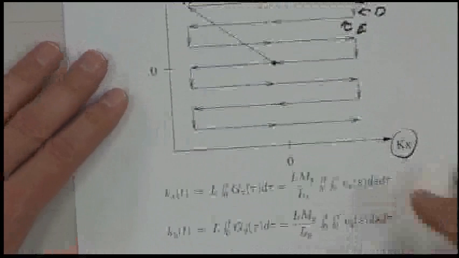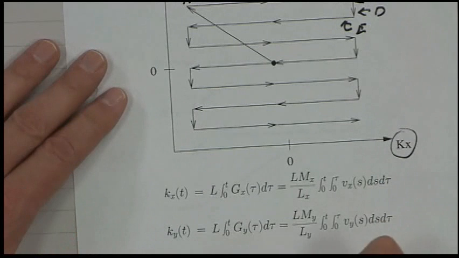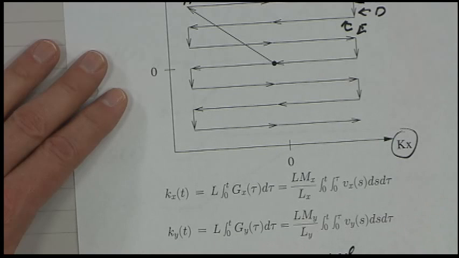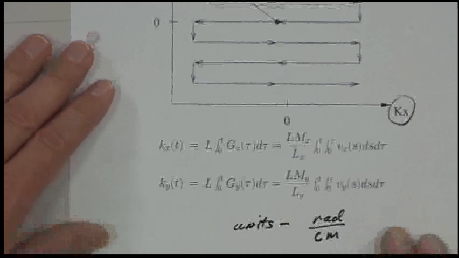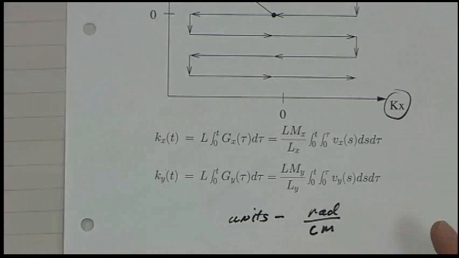The units here are radians per centimeter, or say millimeter. We'll say centimeter. They're radians per unit distance, or radians per millimeter.